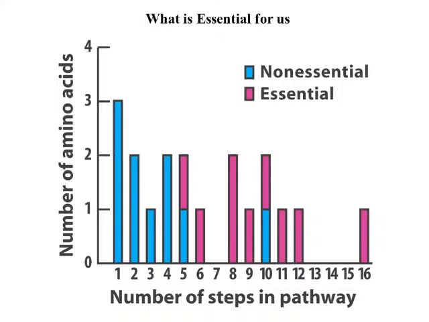While those here, the non-essentials, need really 1 or 2 or 3 or 4 steps, with enzymes we have. So maybe part of the reason they're essential is that we don't have this big capability of having all these enzymes coded in our genome. All right, so this is why they're essential.